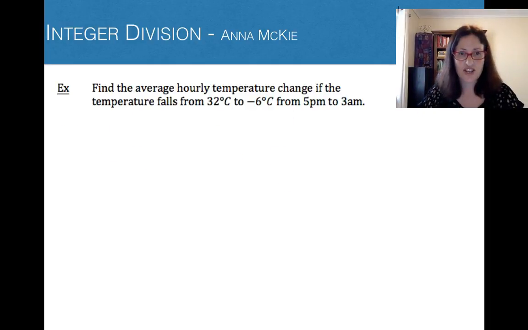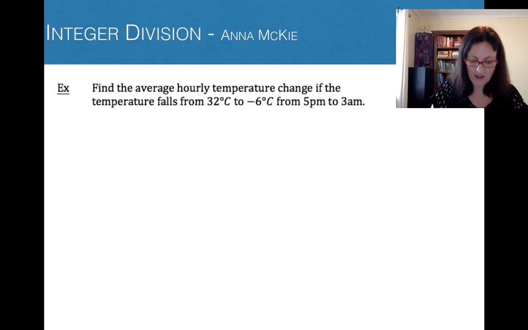Some worded questions here. A few steps involved. So we have to find the average hourly temperature change if the temperature falls from 36 degrees Celsius to -6 degrees from 5 p.m. to 3 a.m. So a few steps here. So we're going to be working out the average temperature change.